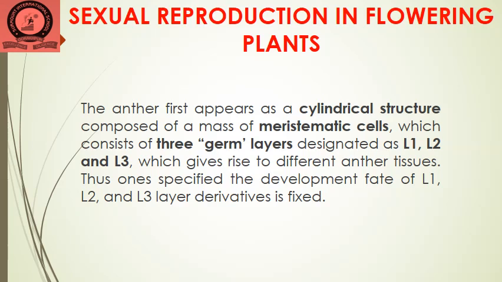In the very beginning, the anther first appears as a cylindrical structure composed of a mass of meristematic cells, which consists of three germ layers designated as layer 1, layer 2, and layer 3, which give rise to different anther tissues.